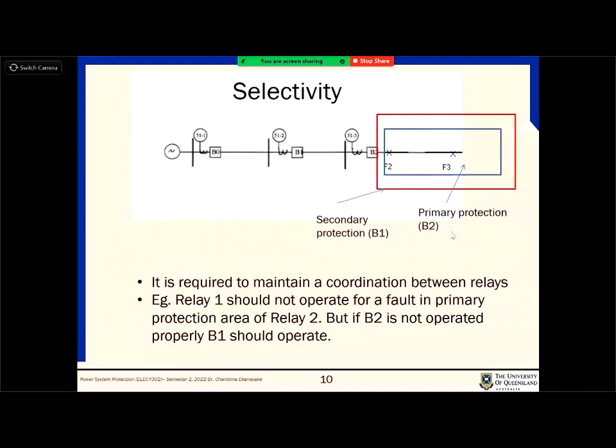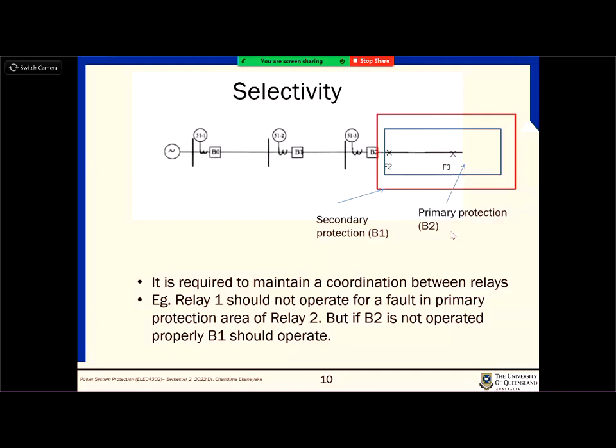This one, the selectivity. Selectivity is also very important, because selectivity is the ability of the relay to discriminate between different faults in the system.